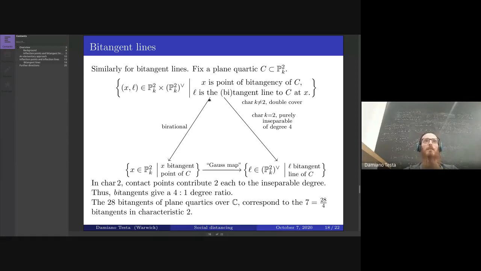And again, we play the same game. So we project once on the coordinate of one of the 2 bitangent points. This map is always birational because I'm still trying to recover the tangent line, and I can always recover the tangent line from the coordinates of the point. Compute derivatives and evaluate. On the other hand, when I project onto the second coordinate, so the coordinate of the line, I have now a root.